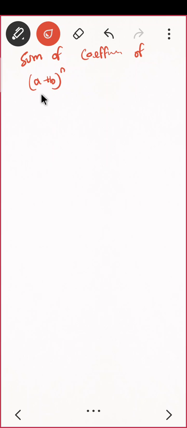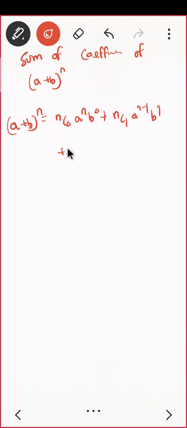So if you want to find the sum of coefficients of a plus b raised to n, just write the formula first. A plus b raised to n is equal to nC0 a raised to n b raised to 0 plus nC1 a raised to n minus 1 b raised to 1 plus nC2 a raised to n minus 2 b raised to 2, and so on. Correct? The last term will be nCn a raised to 0 b raised to n.